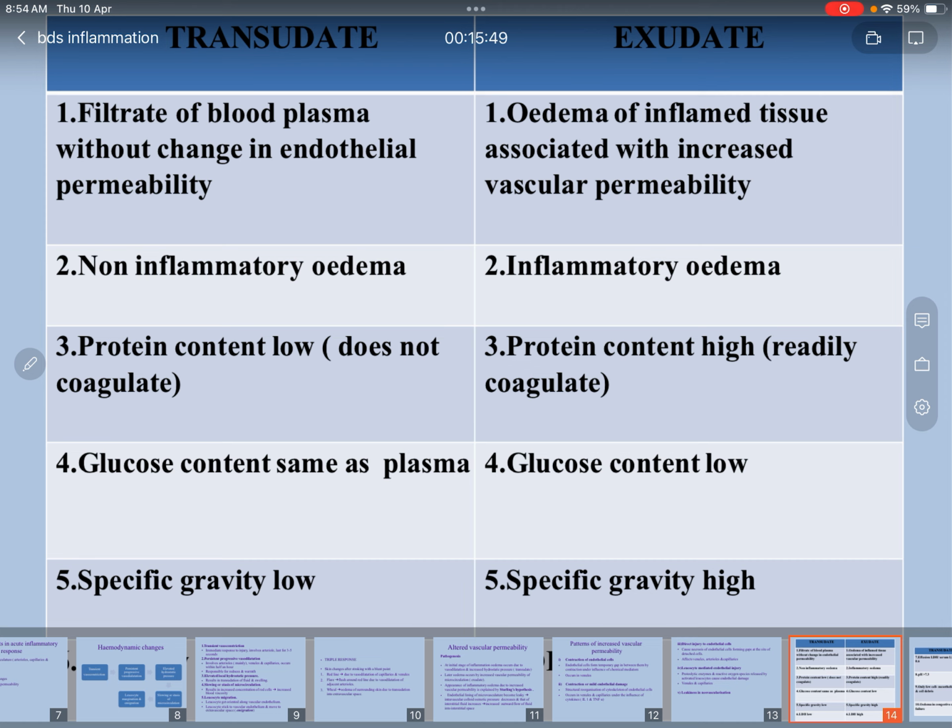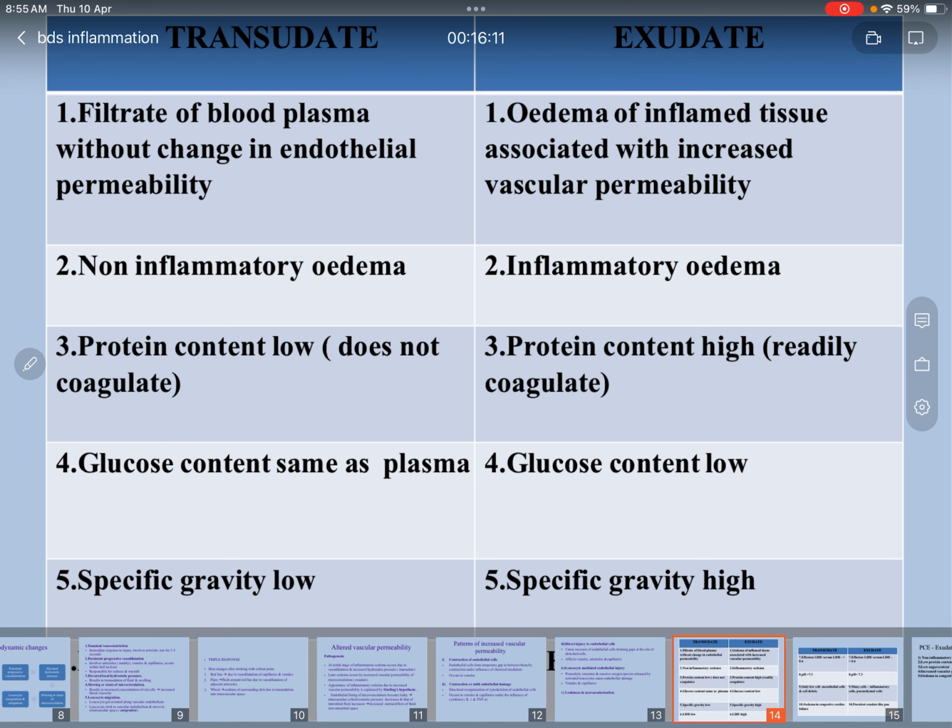Transudate has low protein content and hence does not coagulate. In exudate, the protein content is high, which readily coagulates. Glucose content is same as plasma in a transudate. Glucose content is low in an exudate. Specific gravity is low in a transudate and specific gravity is high in an exudate.